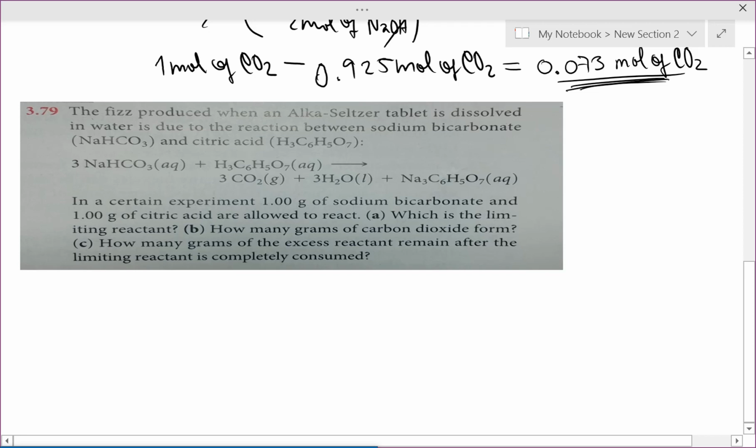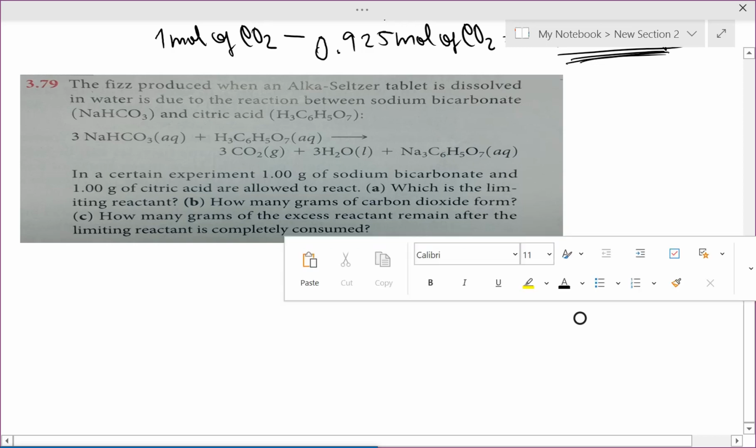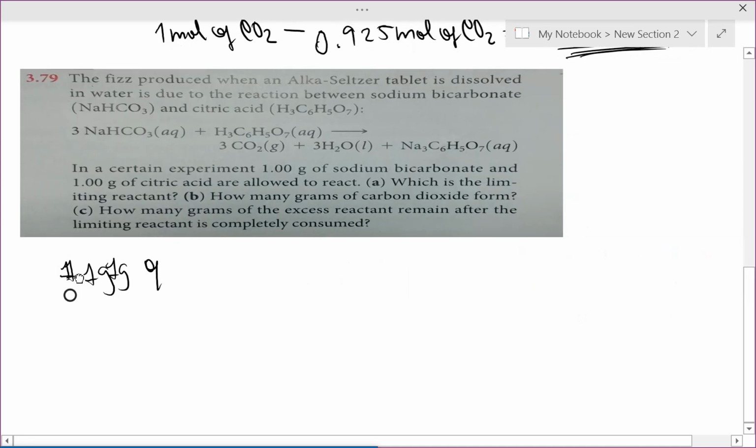So let's work on the first scenario. 1 gram of sodium bicarbonate.